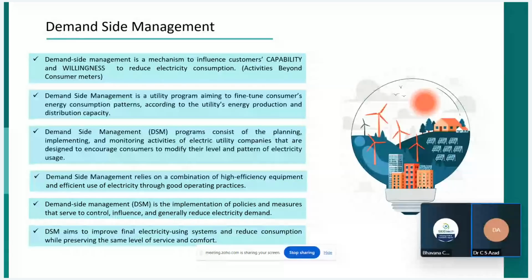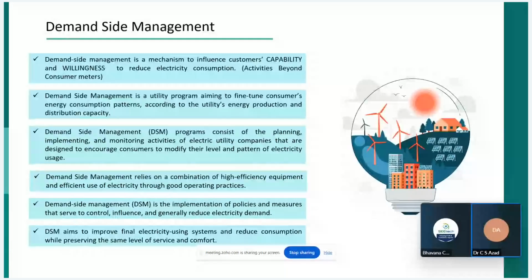So we have to understand that this demand side management is a management kind of thing. It's not limited to the technological part only. All of us have to understand that.